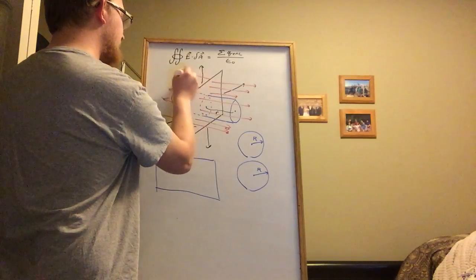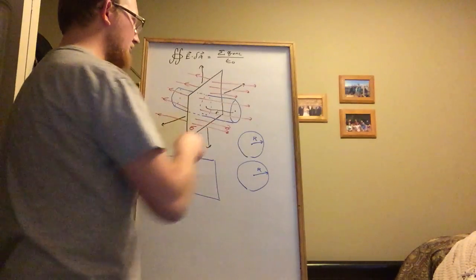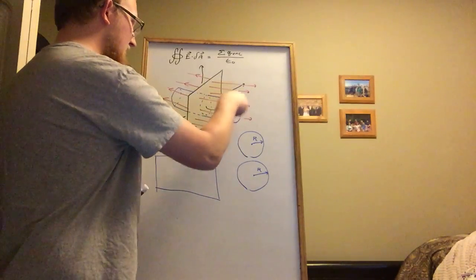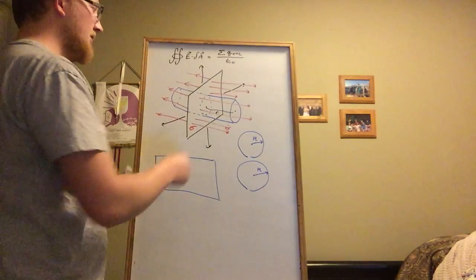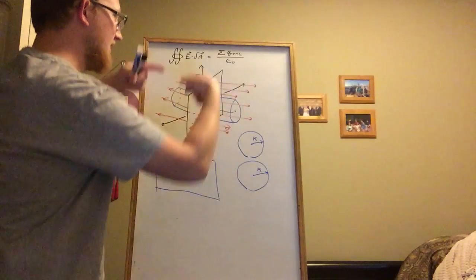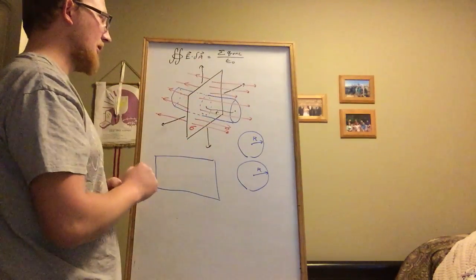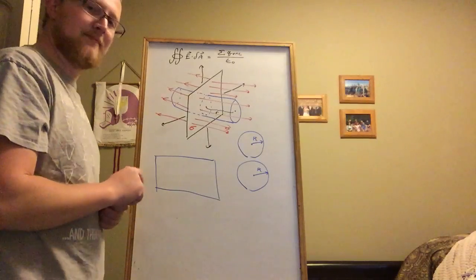And so, as you can see, we have some flux going through this surface right here, and also through this surface as well. And you'll notice that on the cylindrical part, if we were to unravel it, it is parallel with the E field lines.